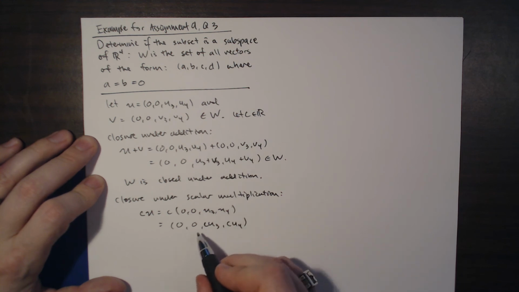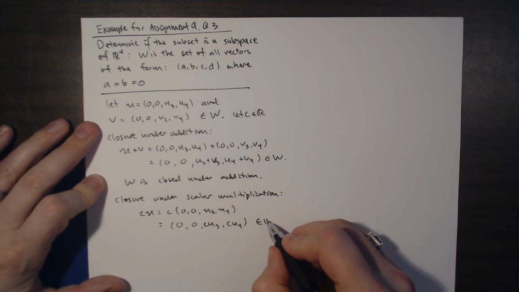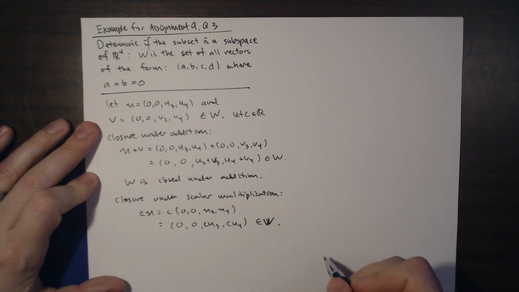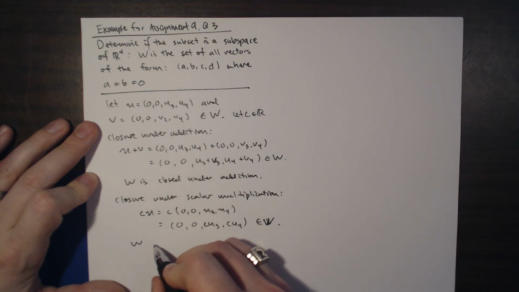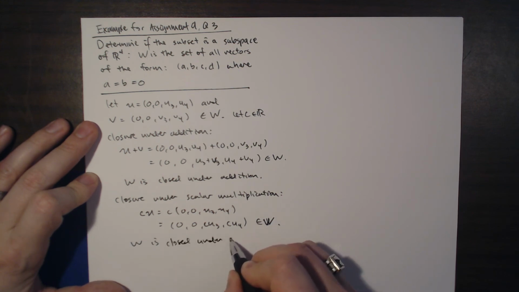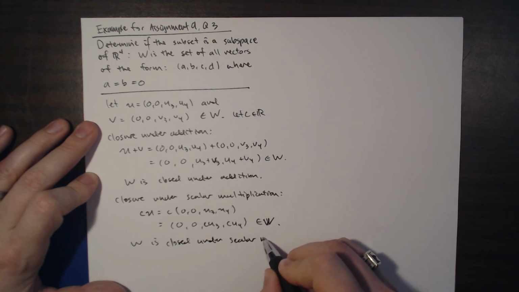And again, the first and second entry are still 0, so this belongs in the subset W. So we have that W is closed under scalar multiplication.